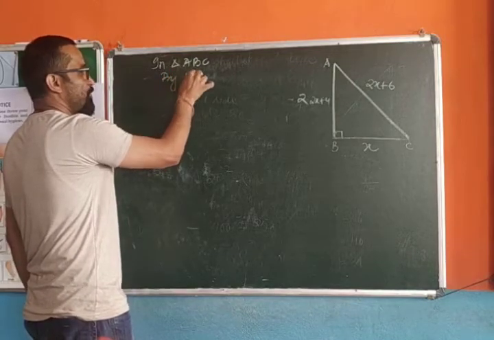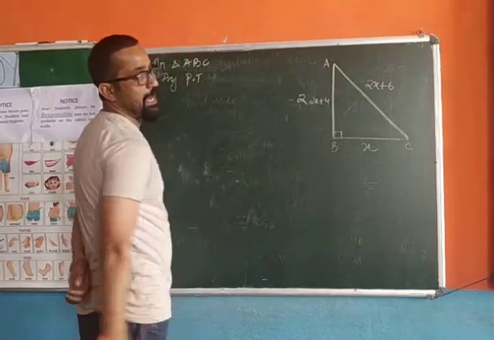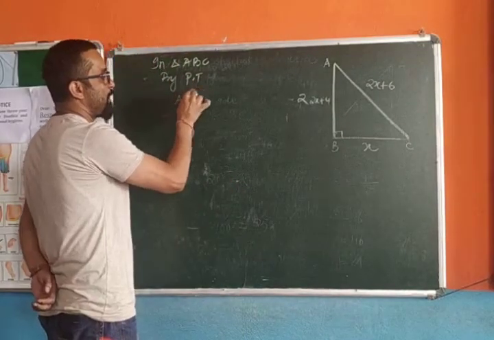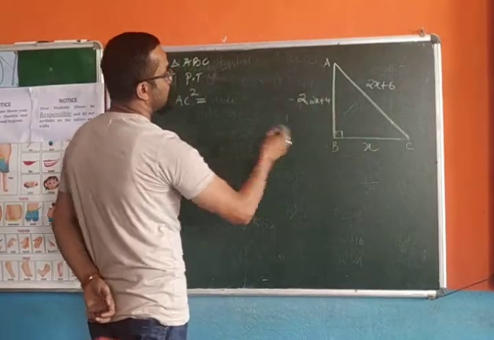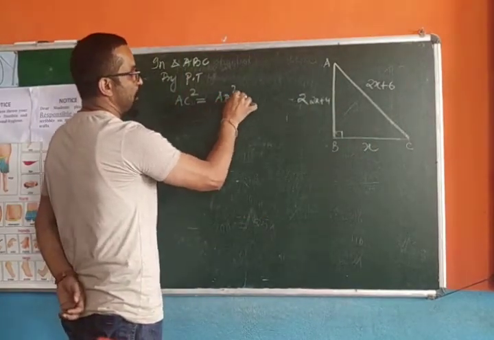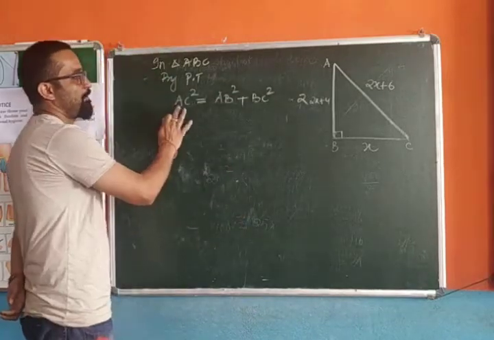By Pythagoras Theorem, the side opposite to 90 degrees is the hypotenuse. Square of hypotenuse is equal to the sum of squares of the other sides, AB square plus BC square. Substitute the values.